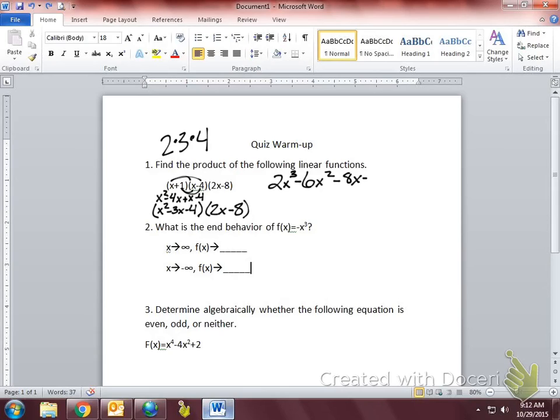So I'll have negative 8x squared plus 24x plus 32. And then whenever I combine my like terms, 2x cubed minus 14x squared plus 16x plus 32.